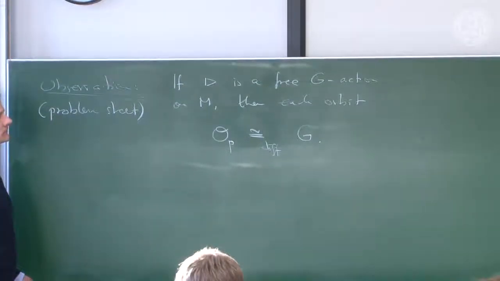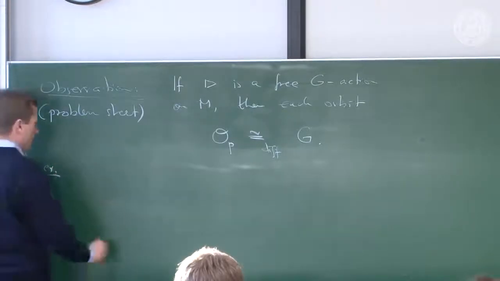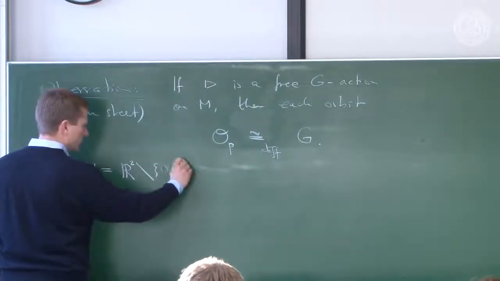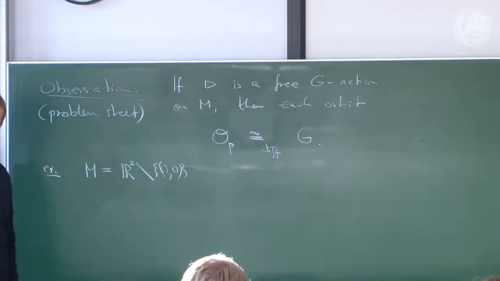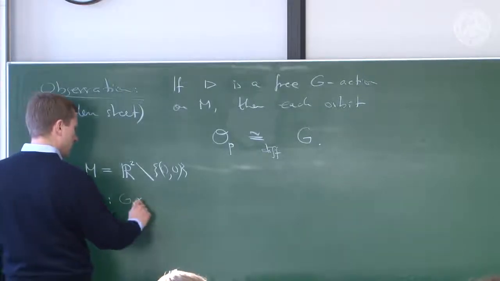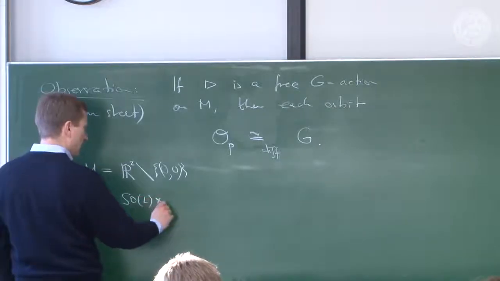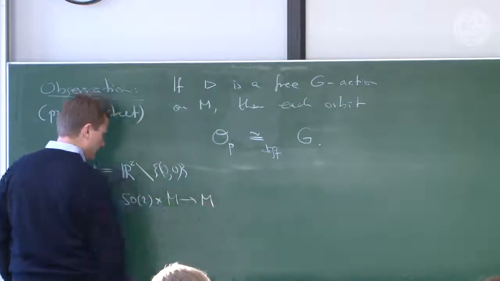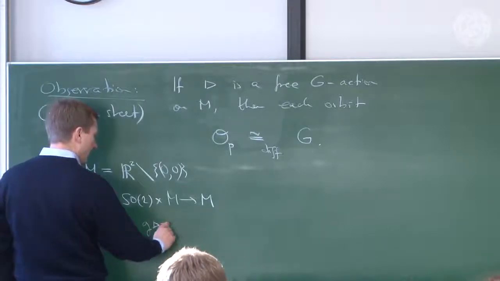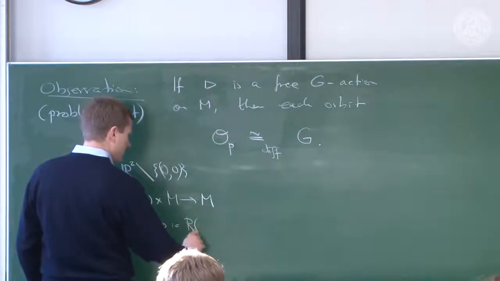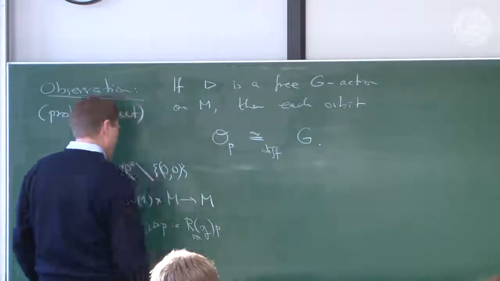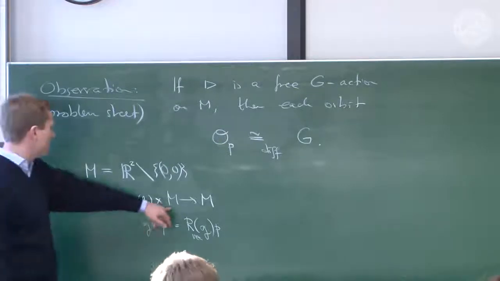So for example, if we had taken the manifold not to be all of R², but we take out the origin, and nevertheless we define a left action that lets SO(2) act on this by pretty much the same definition like we had before, by employing the vector representation we wrote down last time, of this group element as it acts on this pair p1, p2 that lies in here.